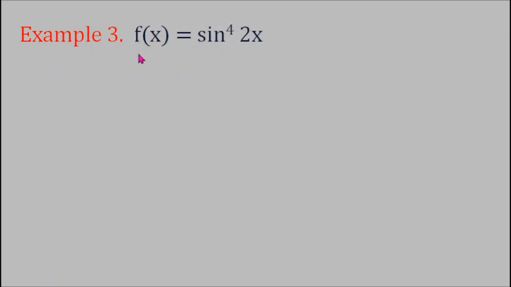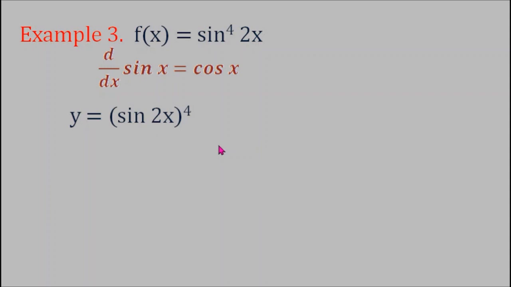Example number 3, we have another notation here. f of x equals sine to the power of 4 2x. So we know that the derivative of sine x is cosine x. And how are we going to deal with this exponent 4 and the coefficient of x, which is 2?